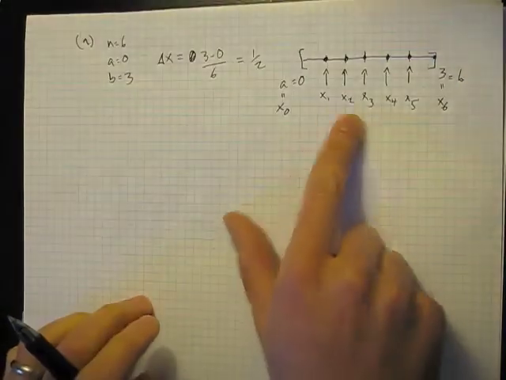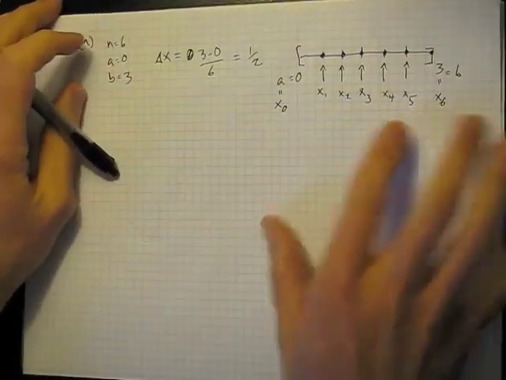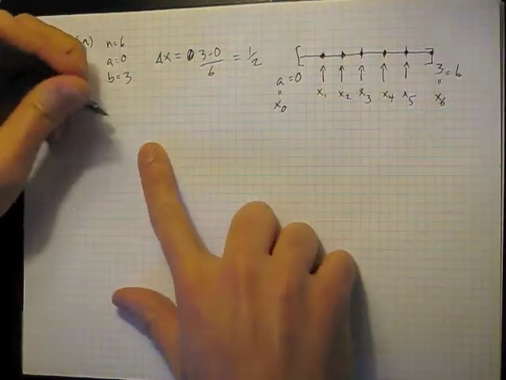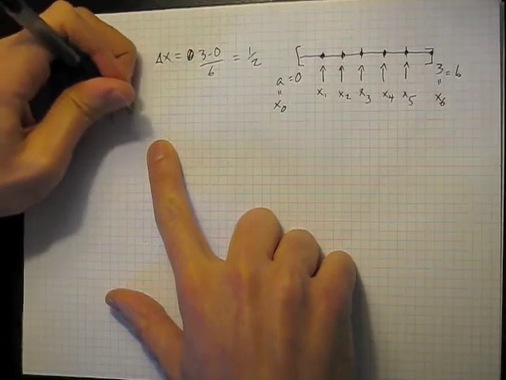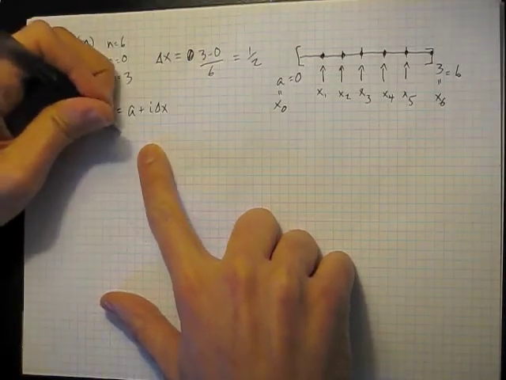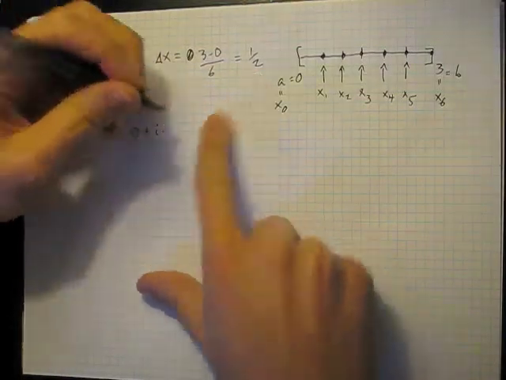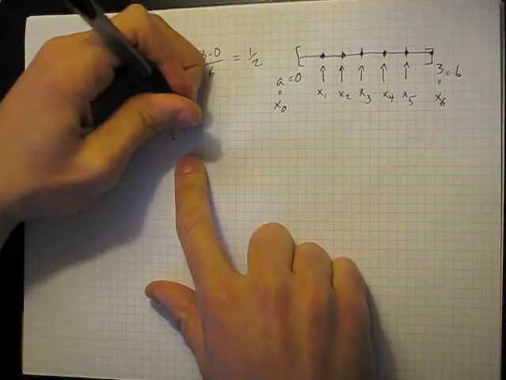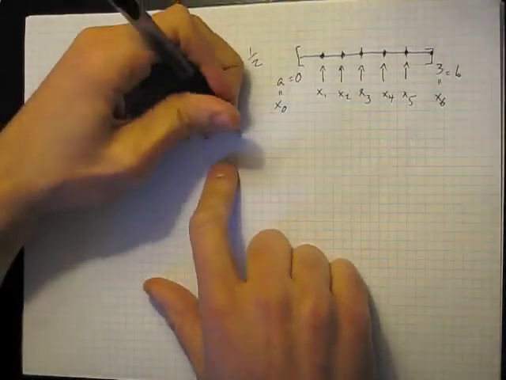So we're interested in these 6 points. These will determine the heights of our 6 rectangles for part A. And we have a formula for xi. The right endpoint is a plus i times the increment. So that is 0 plus i times a half. So it's really just i over 2. Okay, so this is our xi.